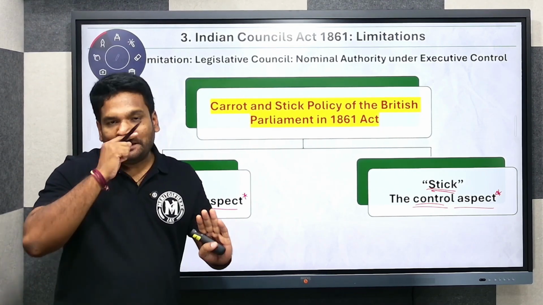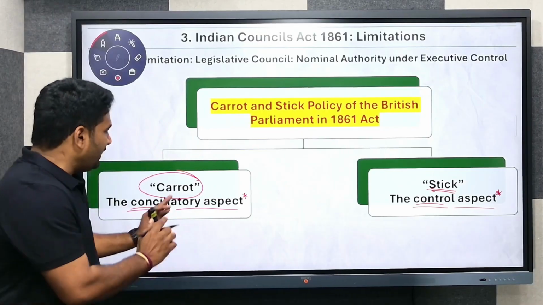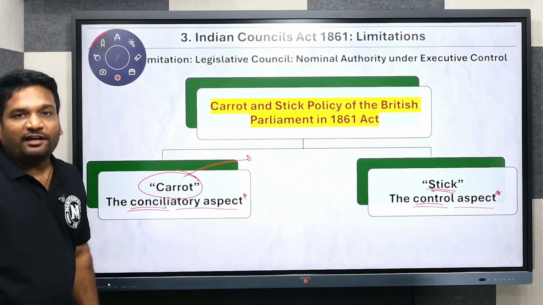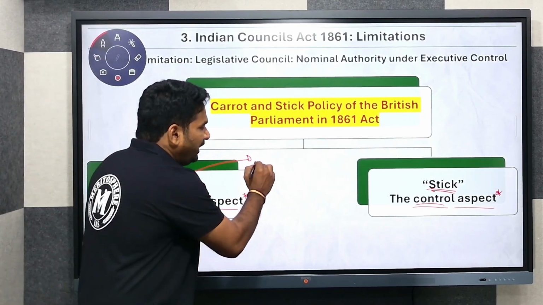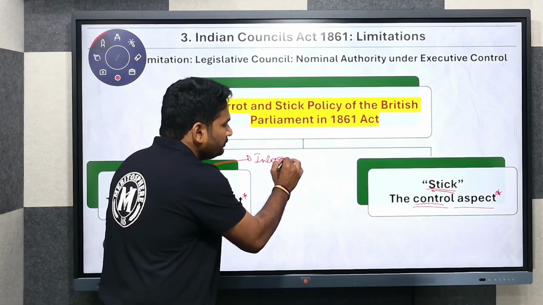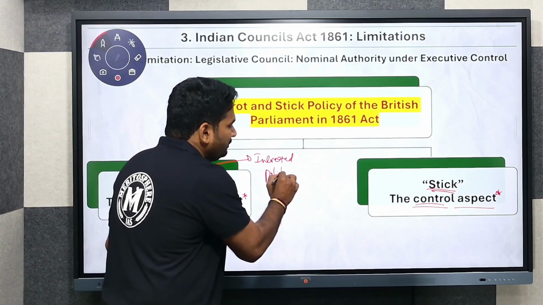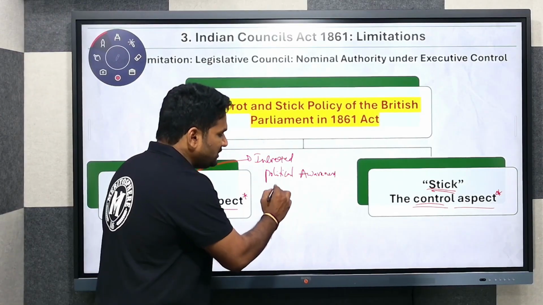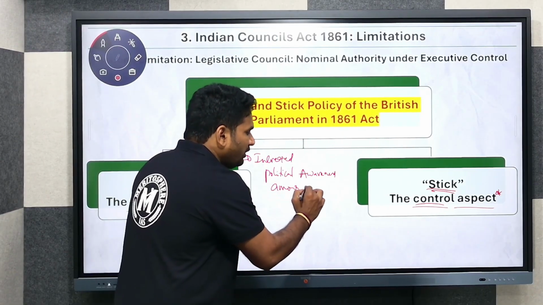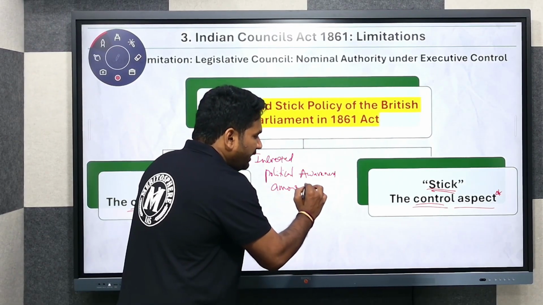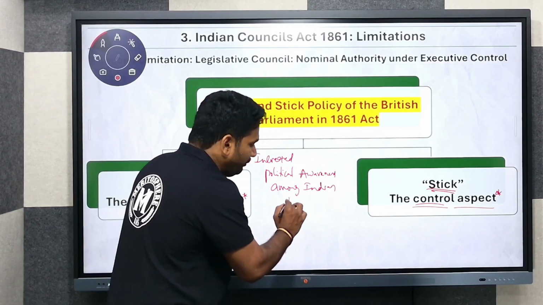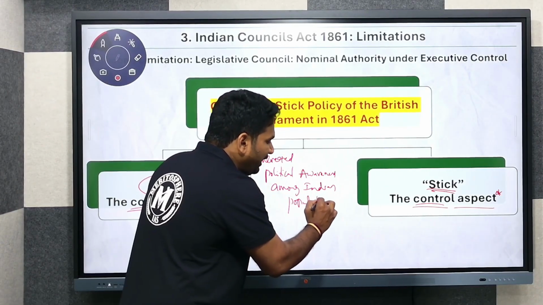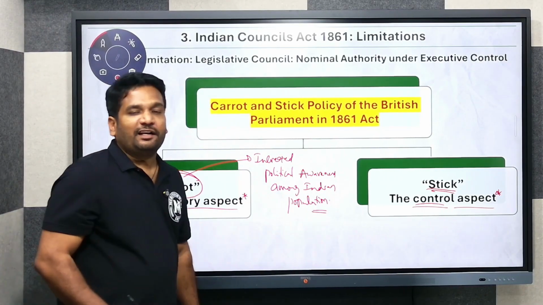So there was increased political awareness. The carrot measures, I mean the conciliatory measures, were included because of increased political awareness among the Indian population, especially the educated middle class.